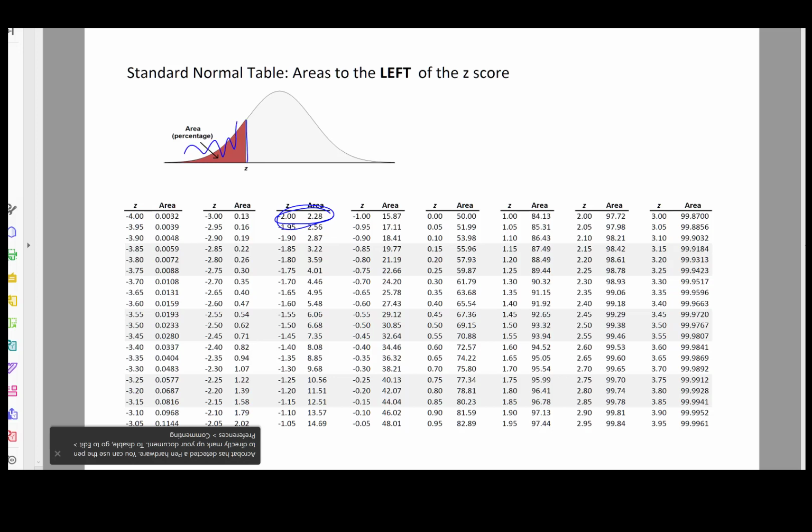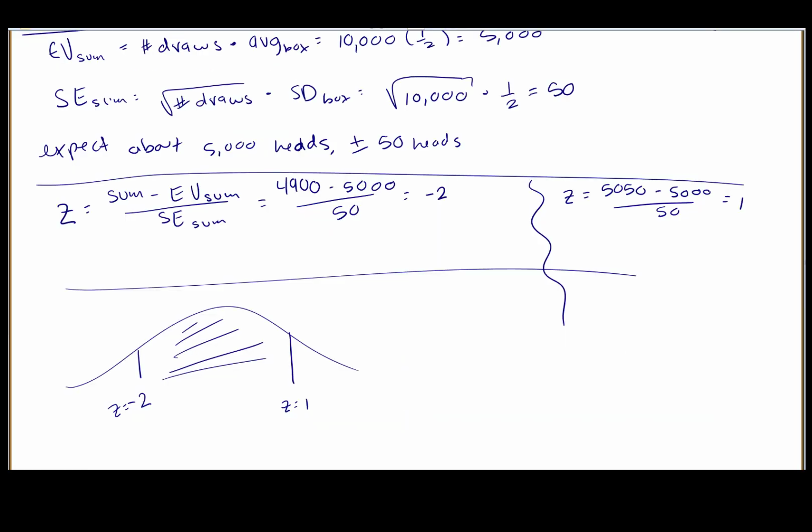If I look up a positive 1, I get 84.13%. So basically from negative 2 over is 2.28%, and from 1 all the way over is 84.13%.